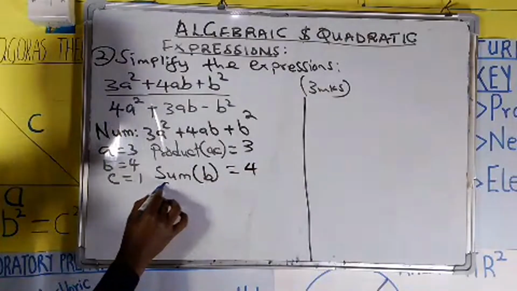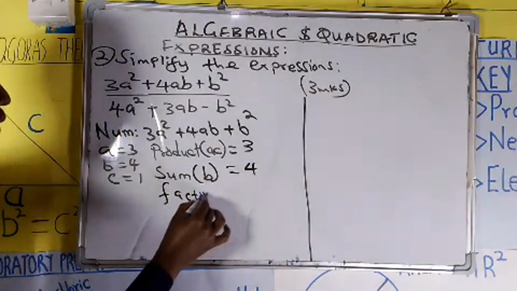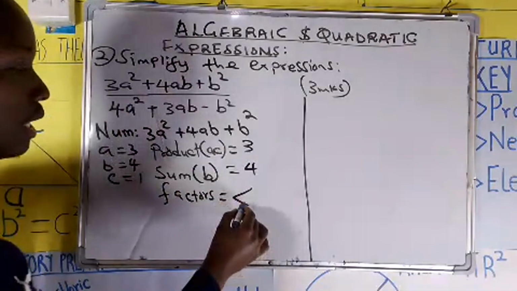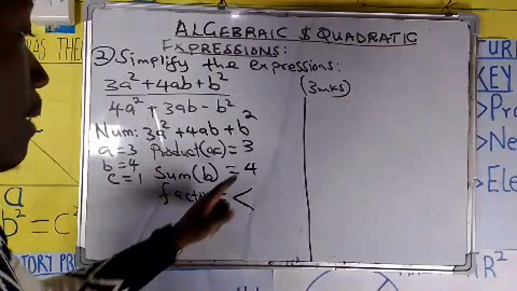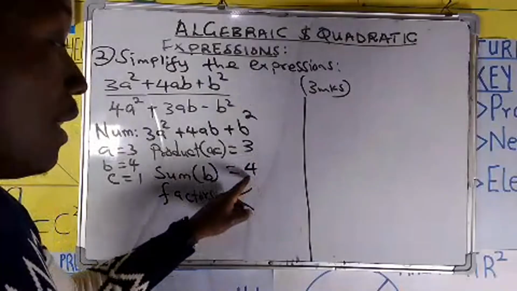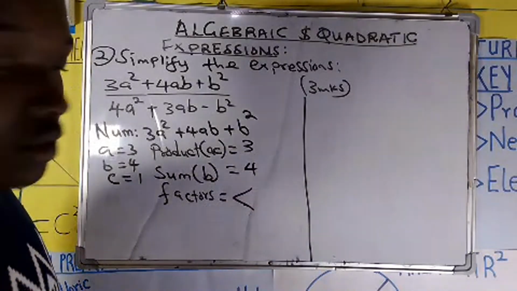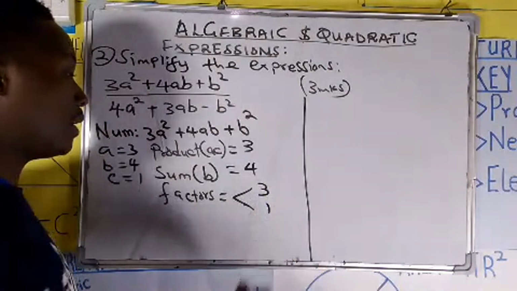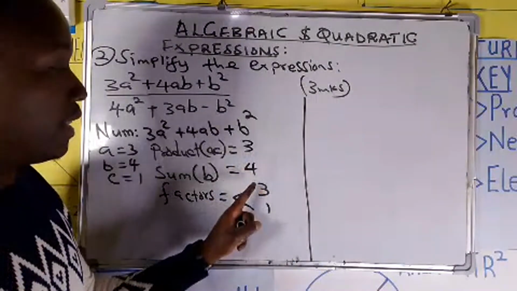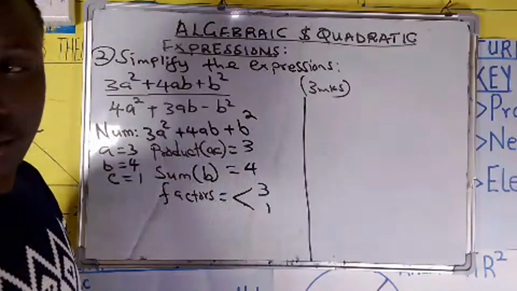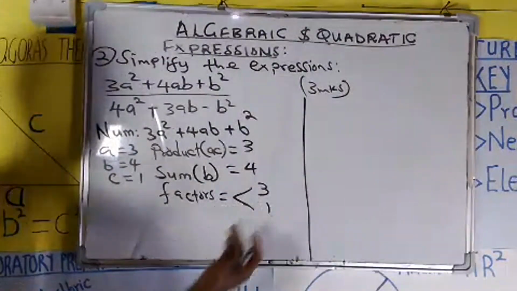Then we proceed to find the factors. I want you to give me two numbers which, if we multiply them, give us 3, and if we add them, give us 4. Our two numbers will be 3 and 1. So 3 multiplied by 1 is equal to 3, and 3 plus 1 is 4. These are the factors that we are going to use.